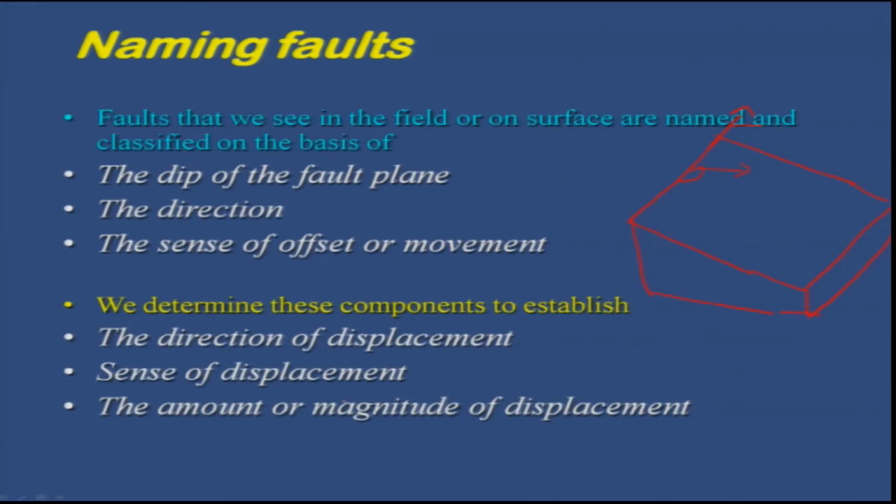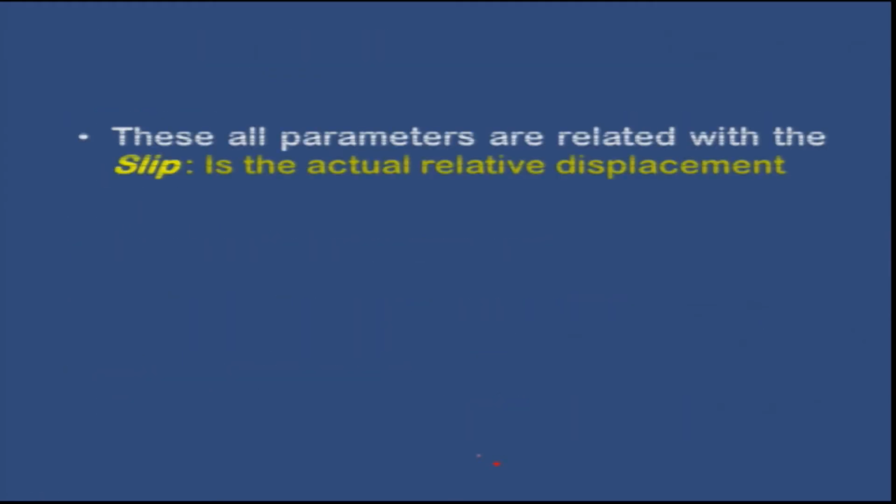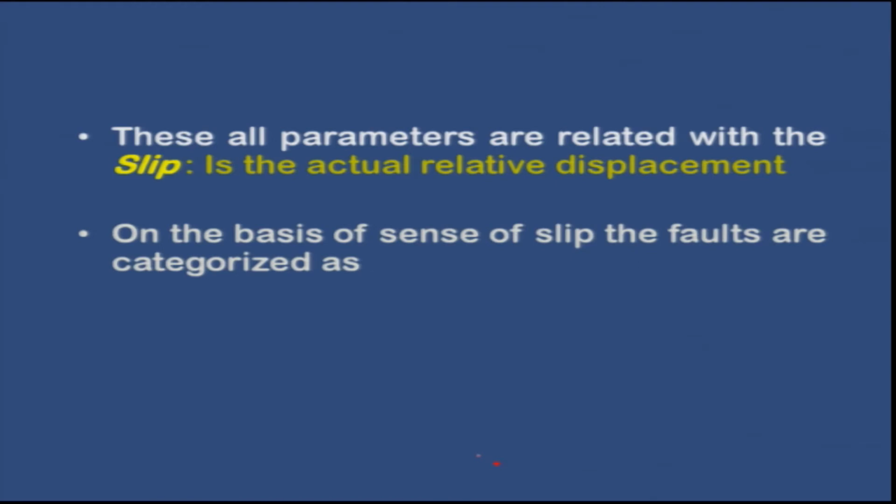So now we will see what the different types of faults are and how we classify them. Just keep in mind what we have covered about strike and dip, because we are going to use some of the parameters which we used for measuring strike and dip. All these parameters are related to slip, which is the actual relative displacement, and on the basis of the sense of slip, faults are categorized as strike-slip faults and dip-slip faults.